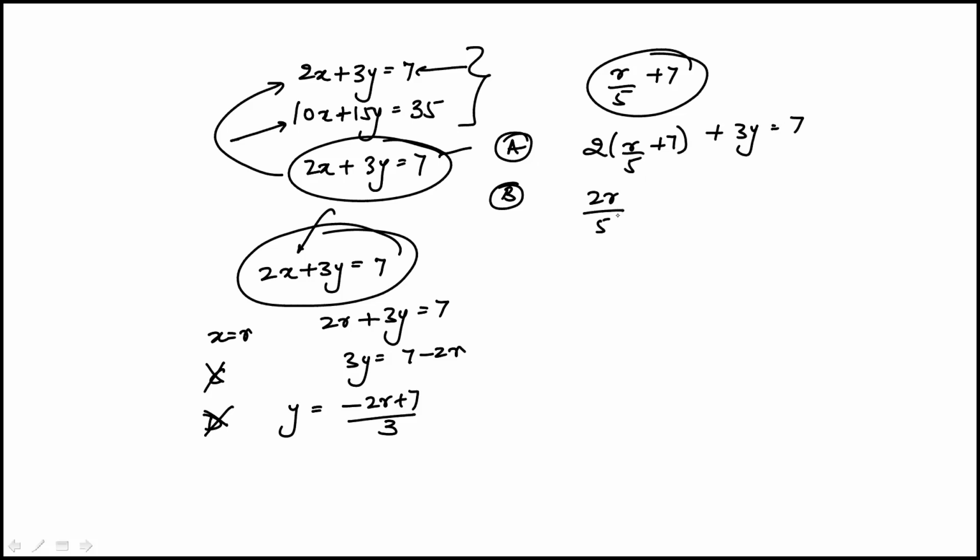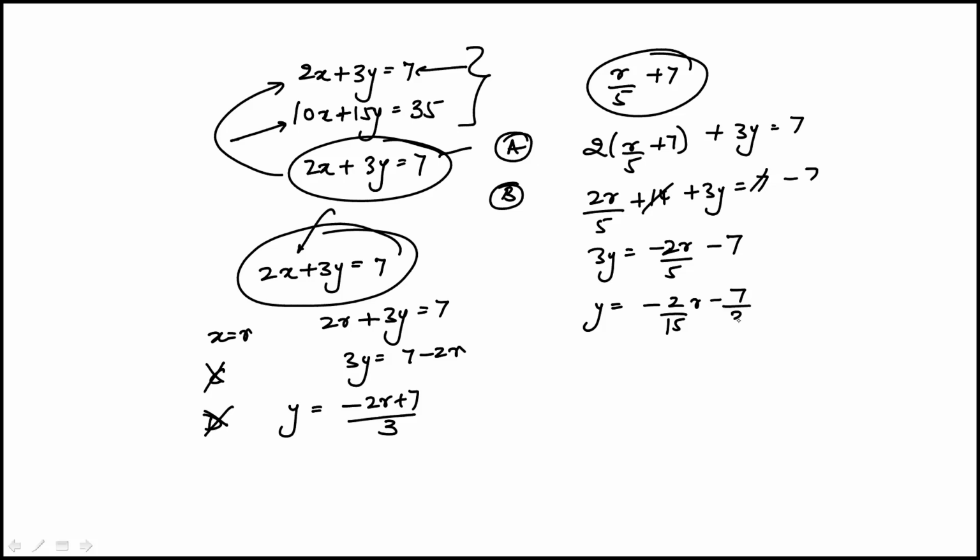So 2r plus 5, 14. That would be minus 7. 3y is minus 2r over 5, minus 7, so y is minus 2/15 r, because this will also work. That's not what it is for A, so we know A is out. The answer is choice B, which is minus 3r over 2 plus 7 over 2r.